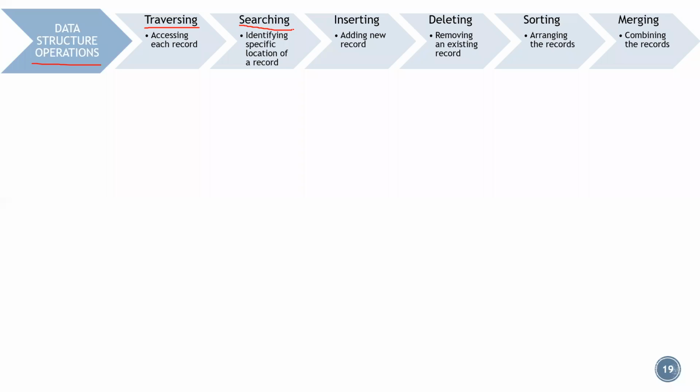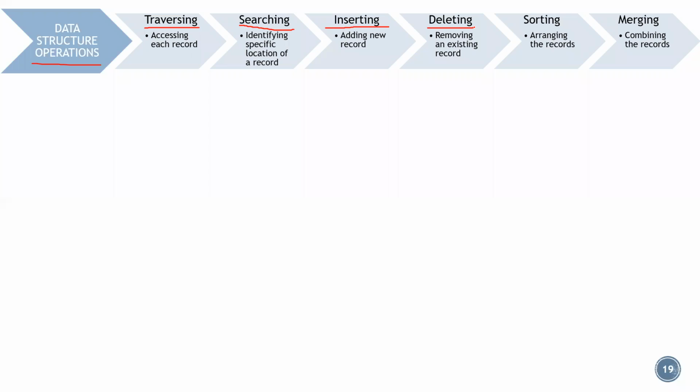Then if I want to see whether a particular element is present or not in the record, say I want to identify whether some USN is there or not, whether that student's records are there or not, then I can go and search in the data structure. Now if some new information has to be added to the data structure, I can do it by inserting that element or node into it.